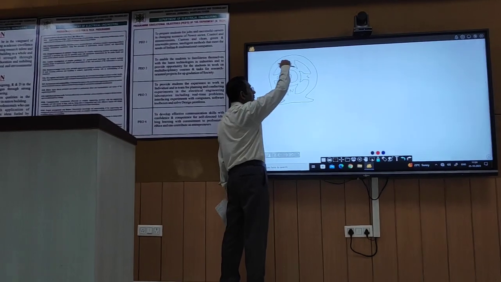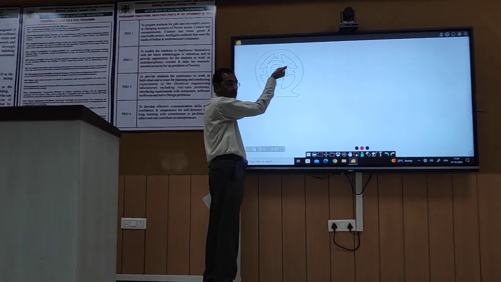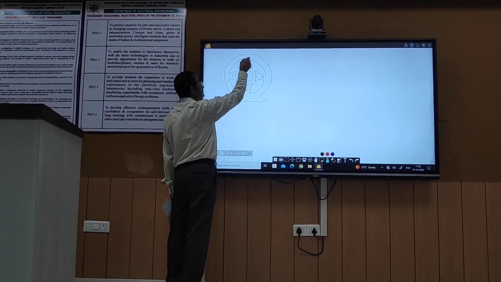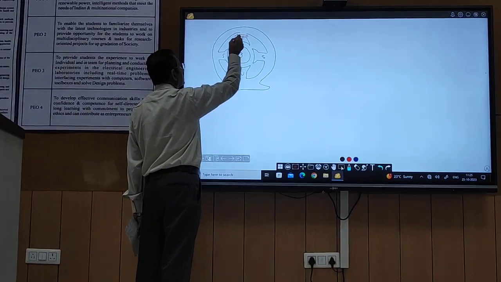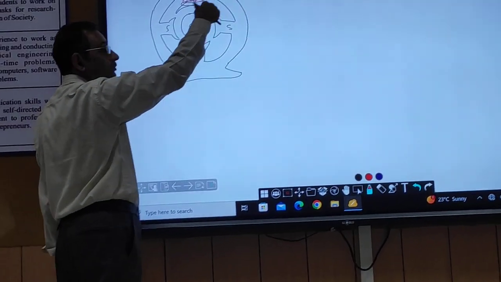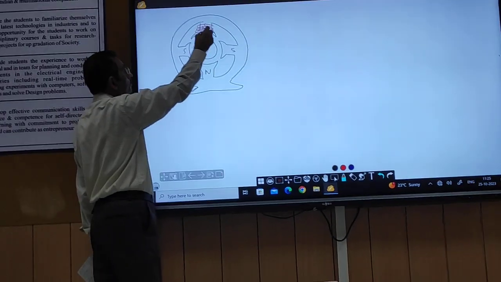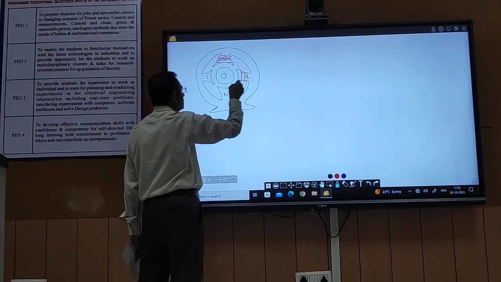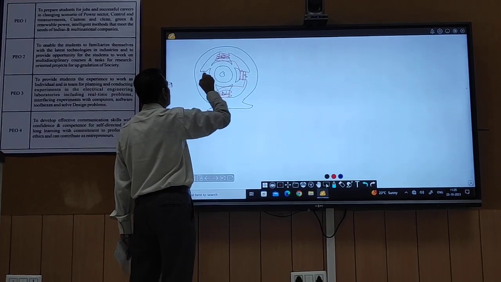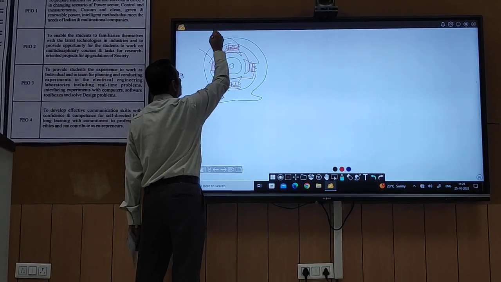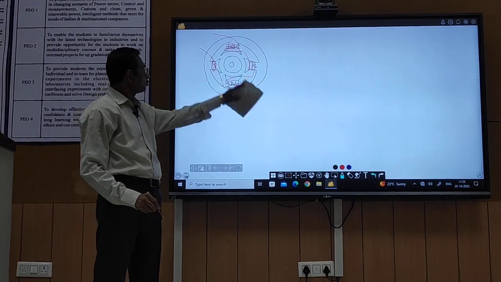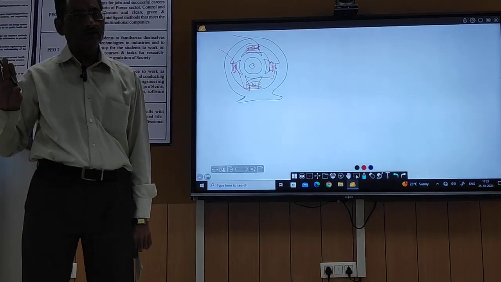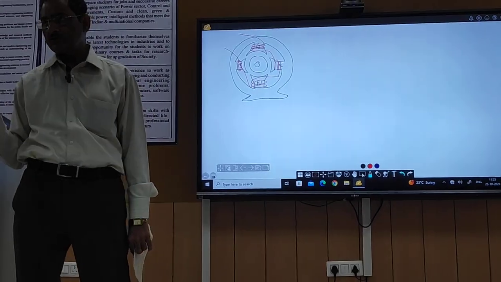For example, if the current is passing anti-clockwise here, then here it will be clockwise, then anti-clockwise, then clockwise, like this. Two terminals are coming out. In this way, this will be north pole, south pole, north pole, south pole. So winding of the stator, that is the field winding, is very simple.